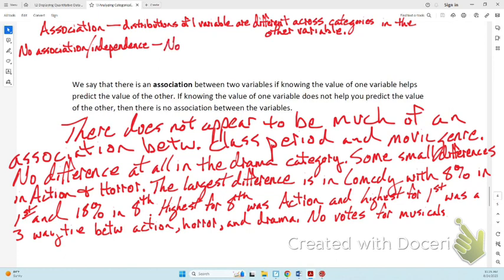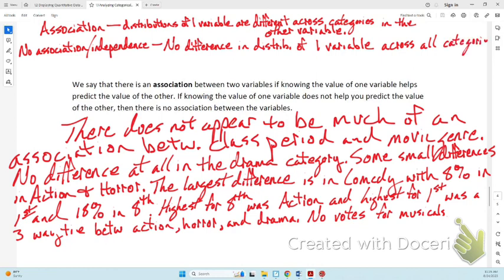No difference in distribution of one variable across all categories for the other variable.